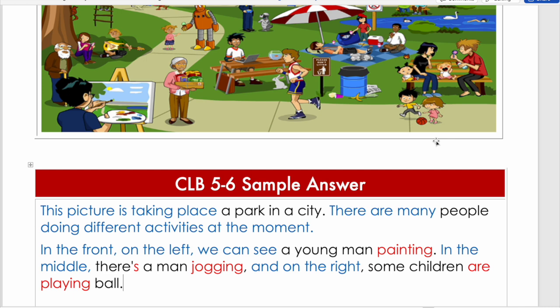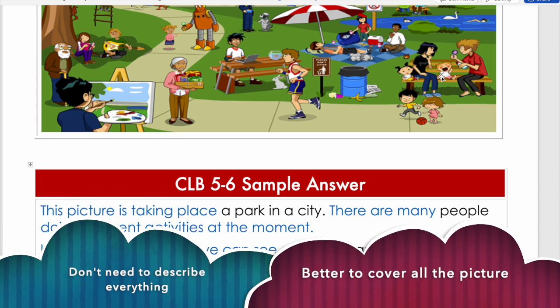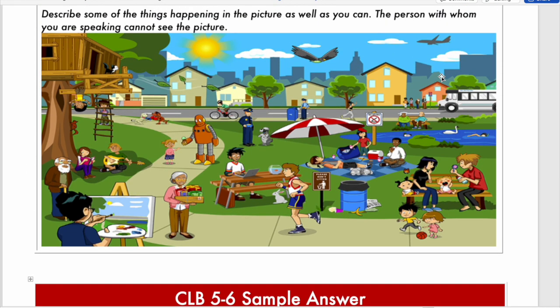Now, a few things I want to say. First of all, I didn't talk about the grandmother, the grandpa, this person here, the children here. That's because we don't have to speak about it all. Let's remember we want to finish this picture. And the way to finish is to cover all the picture.